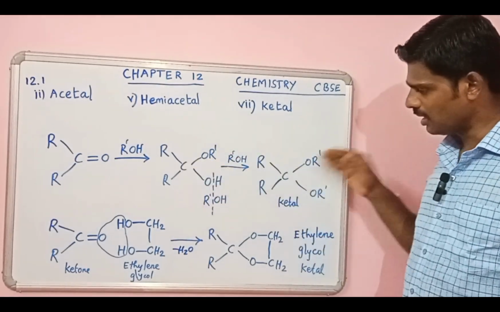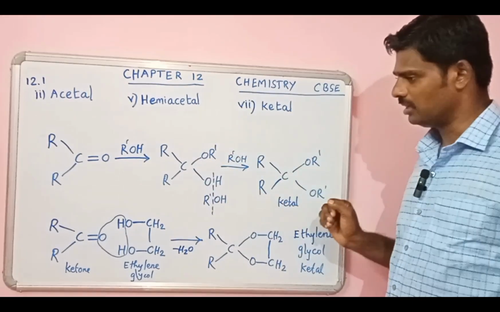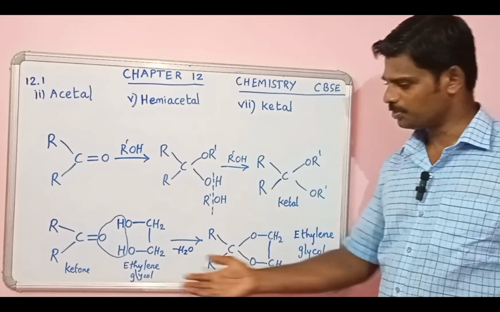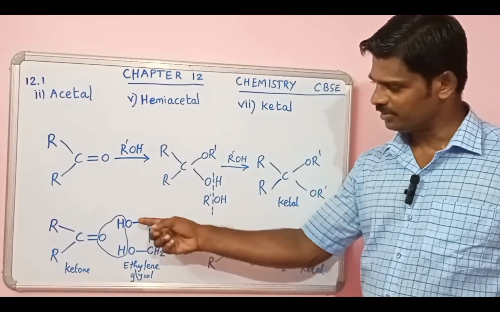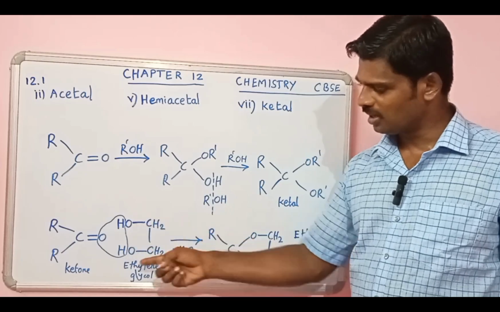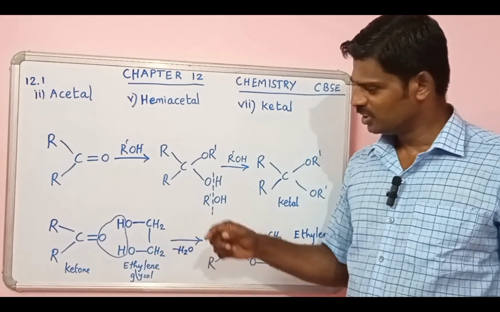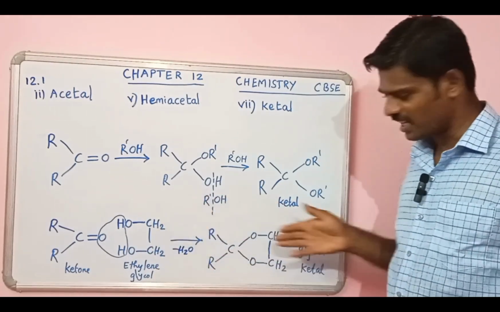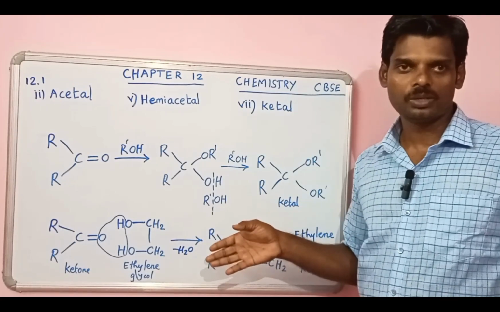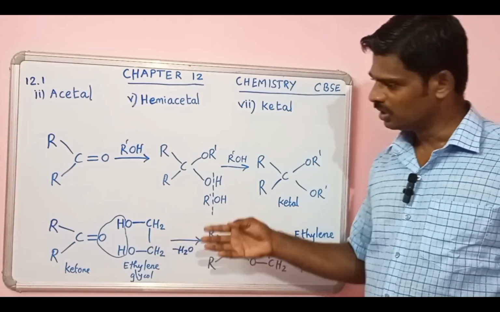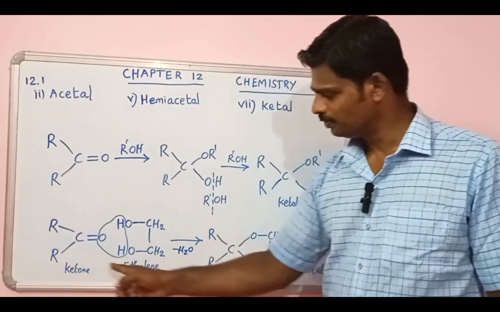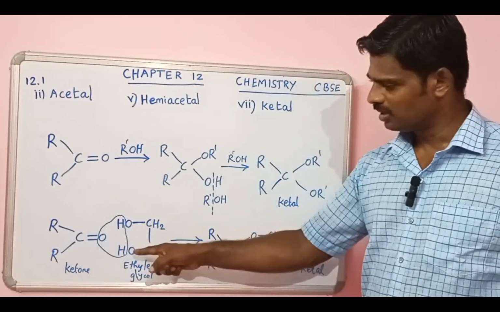So this is a typical reaction for the ketal, and we have the special case of ethylene glycol, which has two alcohol groups in one molecule. This reaction is actually in your CBSE NCERT book. So the ketone reacts with the ethylene glycol.